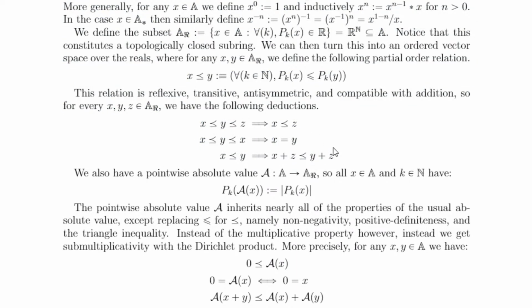All of these properties are really familiar to us for real numbers and the standard less than or equal to total order. The only difference between this relation and the behavior of the total order on the real numbers is that not every pair of elements are comparable.